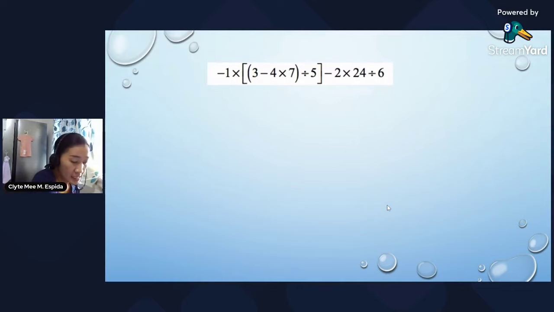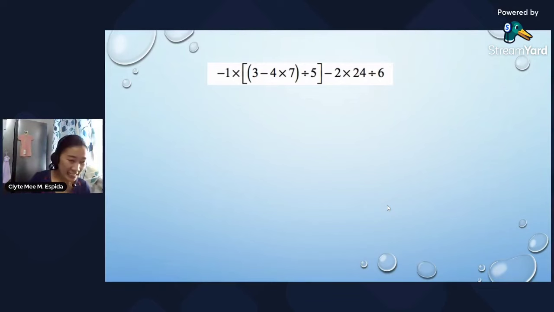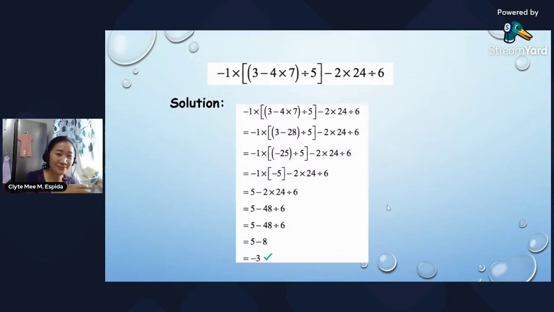Okay, answer is 3. Okay, negative 7. Negative 3. Okay, I'm going to reveal the answer. Okay, may nakakuha na po ng tamang sagot. For those who answered negative 3, you got it right. So this is the solution.